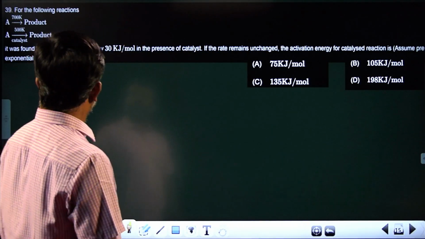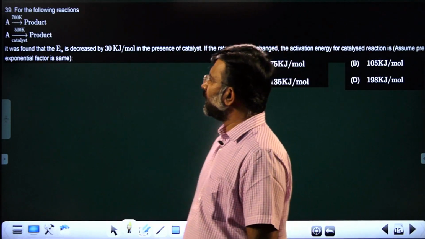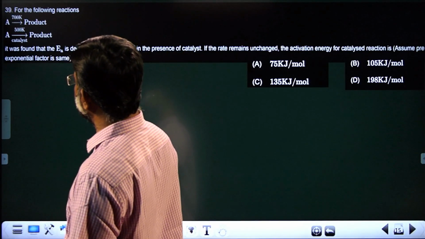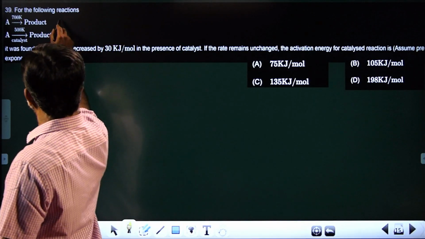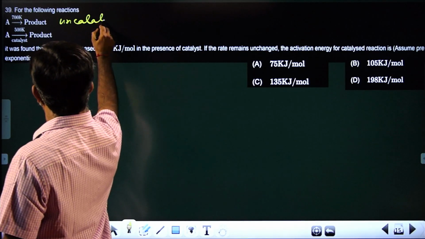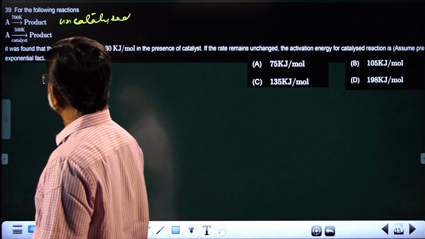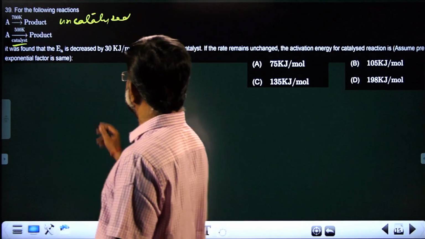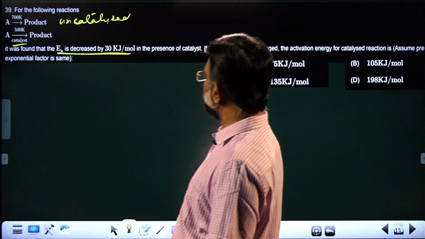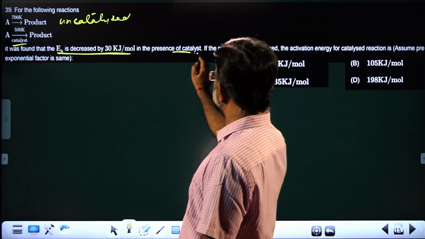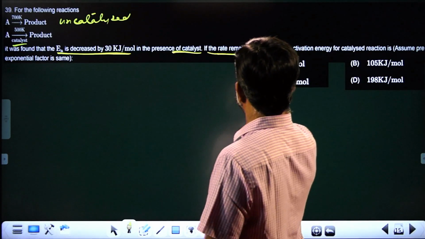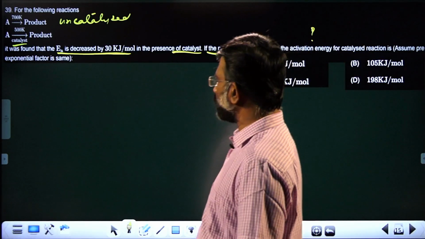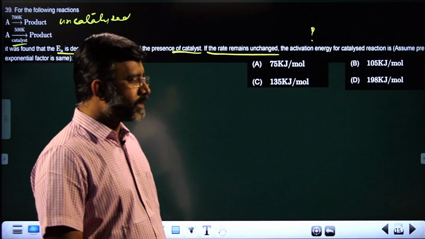For the following reactions, two reactions are given: A at 700 Kelvin gives product, B; again A at 500 Kelvin with catalyst gives product. So the first one is uncatalyzed and the second reaction is catalyzed. It was found that EA decreased by 30 kilojoule per mole in the presence of catalyst. If the rate remains unchanged, what is the activation energy?